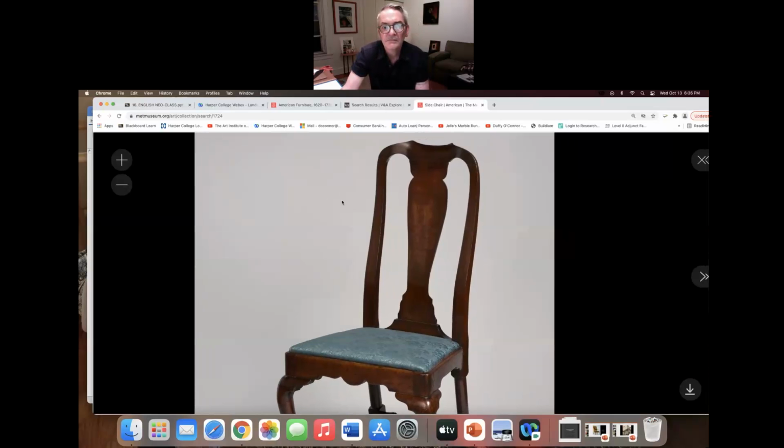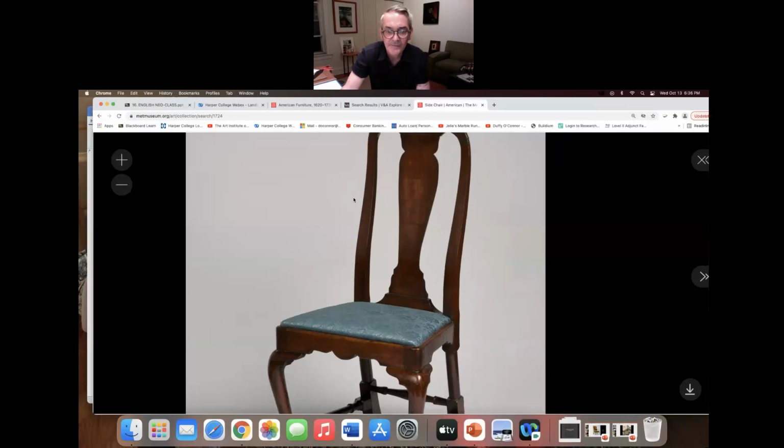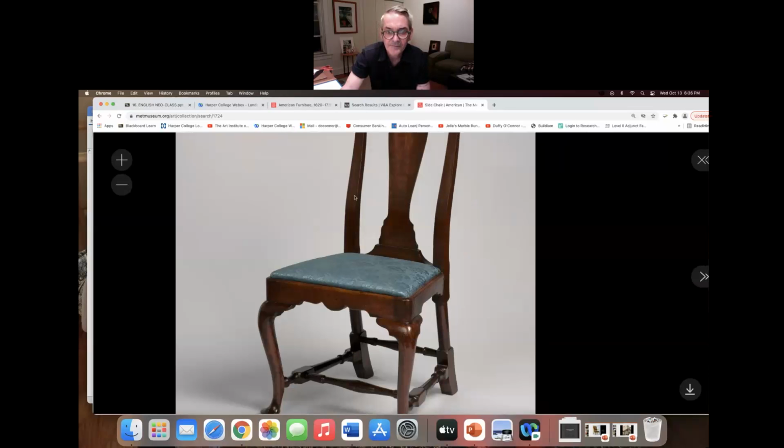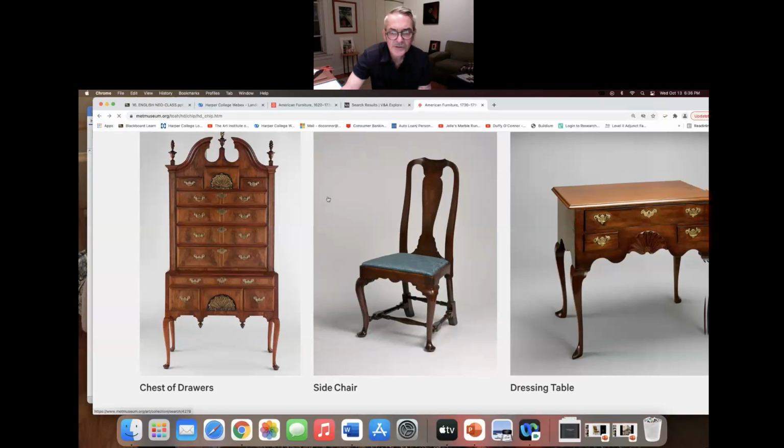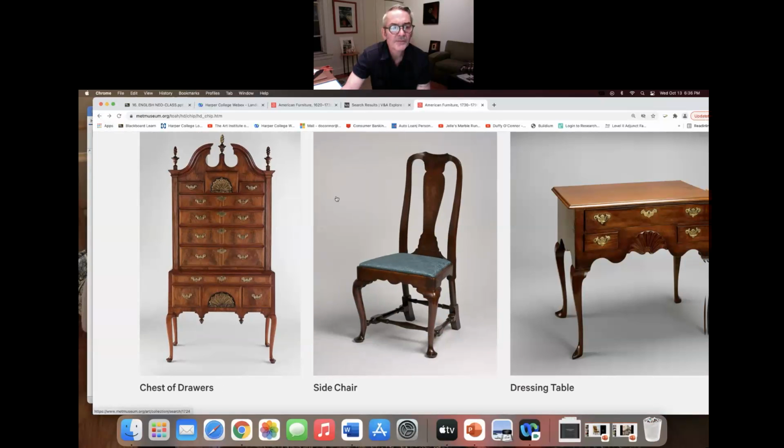I have to get more information about that. But just a simple upholstery on the seat and wood, the turned stretchers. So these stretchers are this horizontal element that goes between the legs that gives it support. Sometimes you don't see stretchers on the base of furniture.